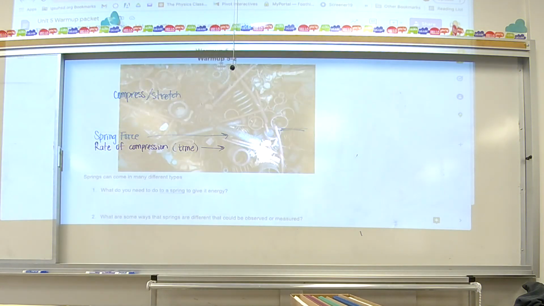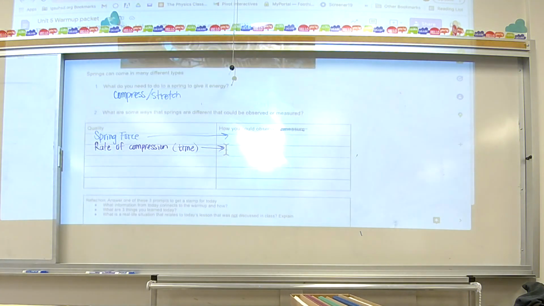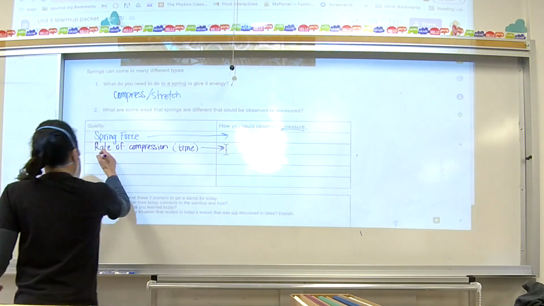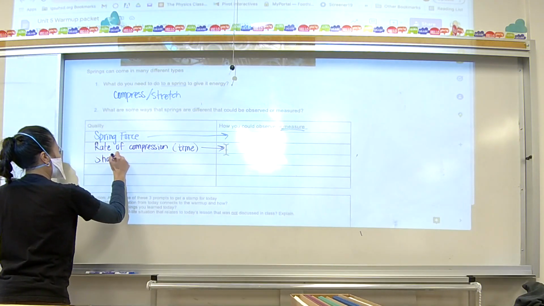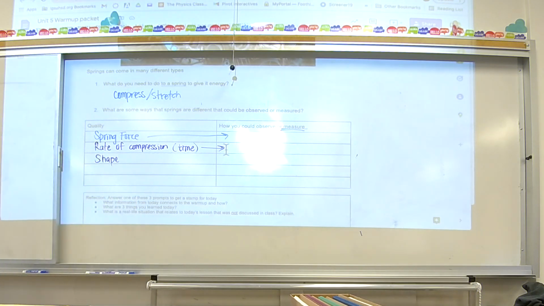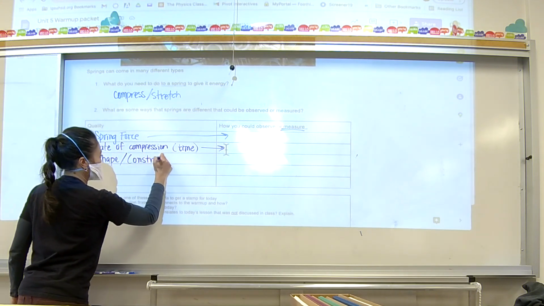Oh, like these? Versus the construction. It's just the shape of it. Shape or how it's constructed.